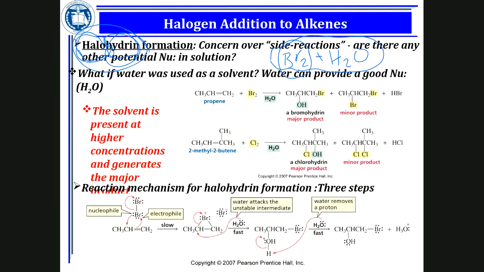When you add halogen, what would be the intermediate? A carbocation, or a twisted carbocation, or another word, just simply a triangle, a restricted carbocation. When you add the Br2, the first step is going to be formation of a restricted carbocation. And the next step is adding water.